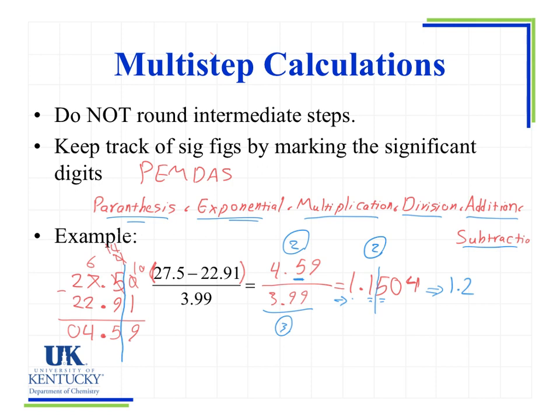Let's have another example here, and we will have lots of examples in the recitation. I'm just thinking about random numbers right now. So 4.56 divided by 3.47 plus 3.6426.